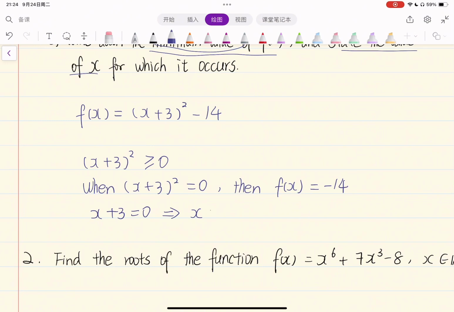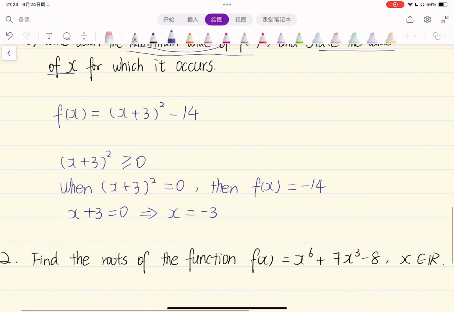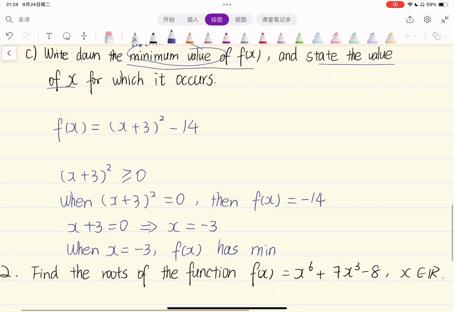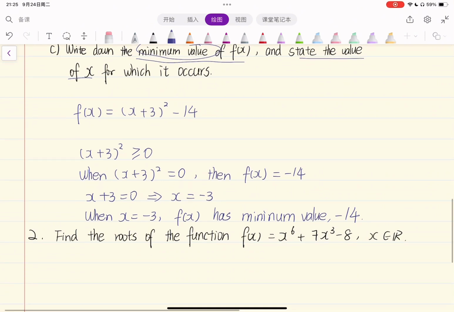We get x equals minus 3. Thus, we can conclude that when x equals minus 3, f(x) has the minimum value minus 14.